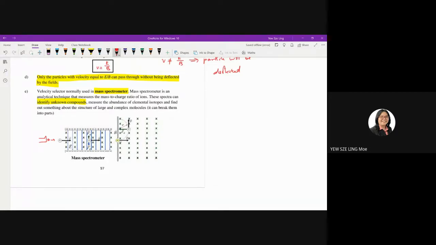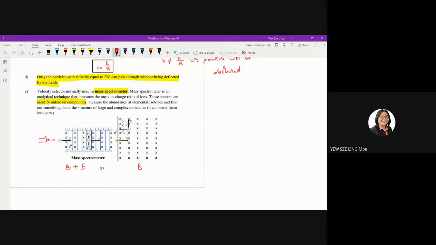As it enters the hole right here, this region is filled with just a magnetic field without an electric field. So here is B plus E, but when it enters this zone, you have only a magnetic field. Recall what you learned in a previous subtopic: when you have a moving charged particle in a magnetic field, it will start to move in a circular path.